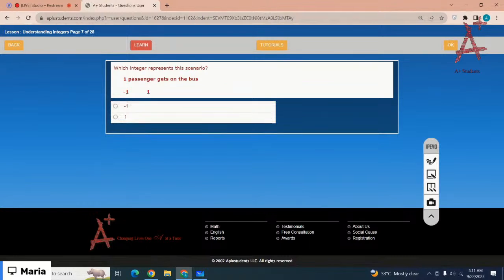Okay, which integer represents the scenario 1 passenger gets on the bus? So which is the correct option? The correct option is positive, yes, that would be a positive number.